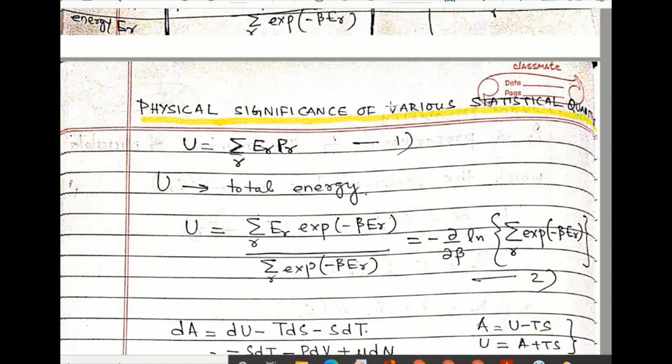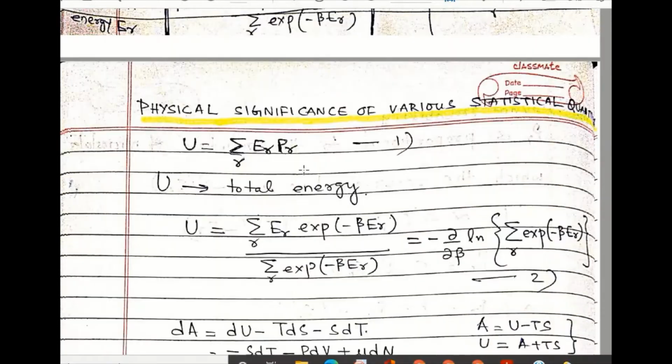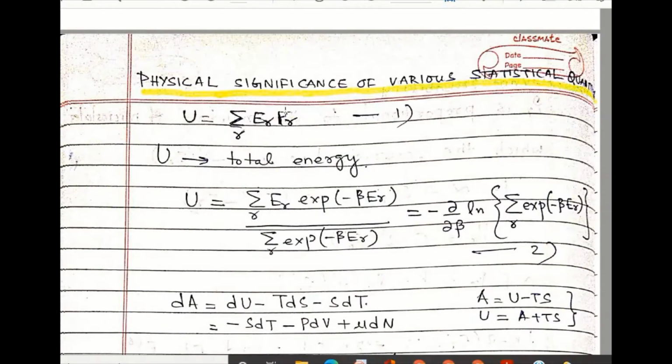Now the physical significance of various statistical quantities. Once you have the normalized probability, the total energy is the energy of each state times the probability of its occupation, summed over all states, so summation over R of ER PR. We can write it as summation ER exponential minus beta ER divided by summation exponential minus beta ER.